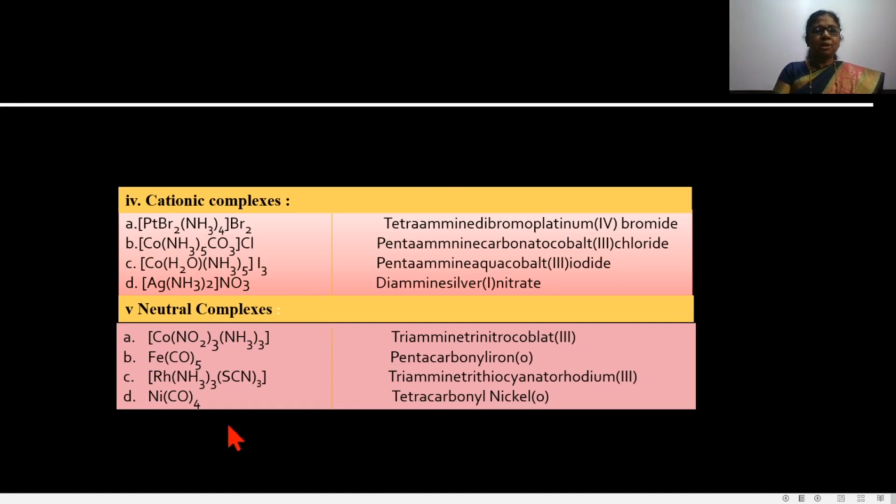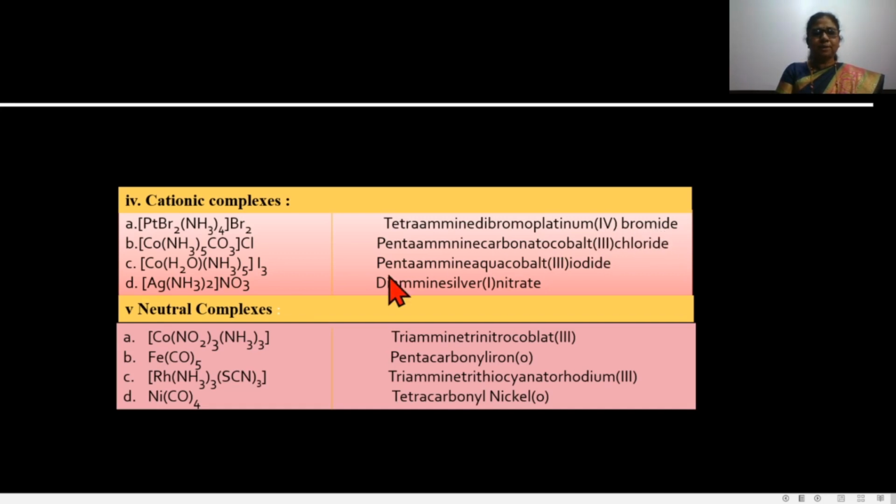In these complexes, the positively charged sphere is the cation and the counter ion is negative. If negative, then write it last. If positive cation, write it first. Therefore, the name of this complex is tetraamminedibromoplatinum, then write its oxidation state and then bromide.